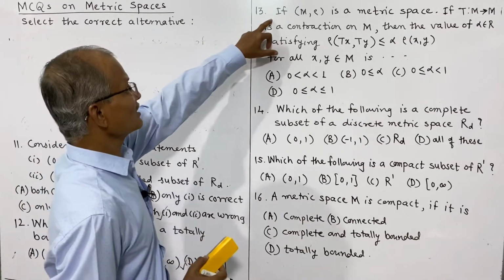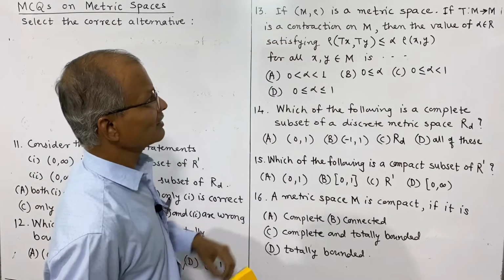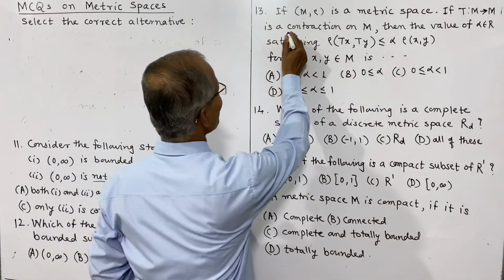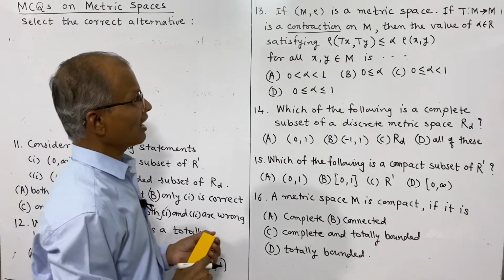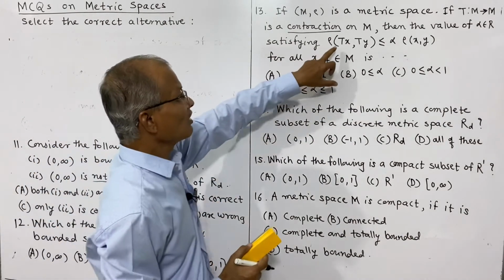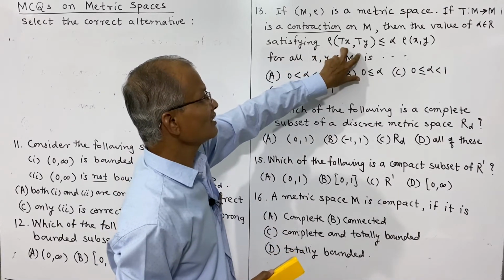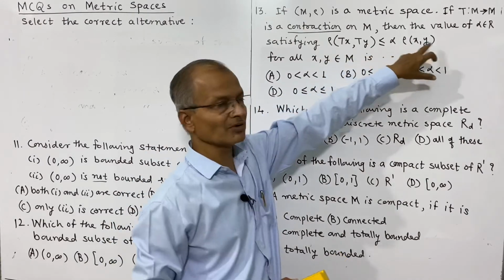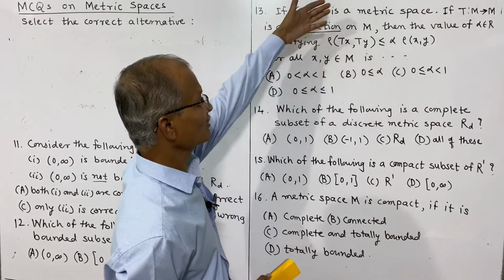The 13th question is: if (M, rho) is a metric space and T is a function from M to M that is a contraction, a function we have defined, then what is the value of alpha in R satisfying the condition? The distance between T(x) and T(y) is less than or equal to alpha times the distance between x and y, for all x, y in M. That is the condition for the contraction.